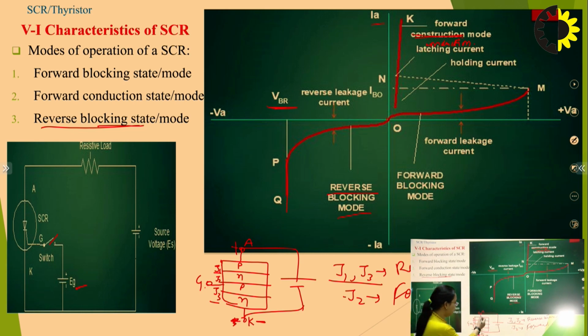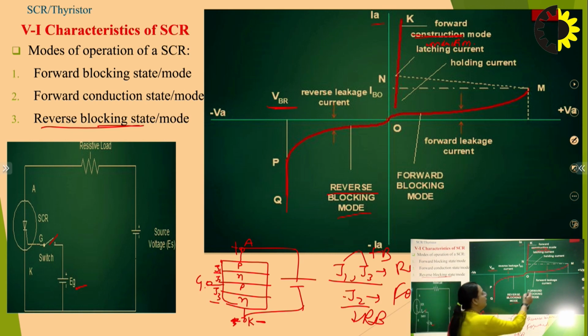In this case, junctions J1 and J3 are forward biased, and junction J2 is reverse biased. Since junction J2 is reverse biased, the SCR will again behave as in the off state, and no anode current will flow.